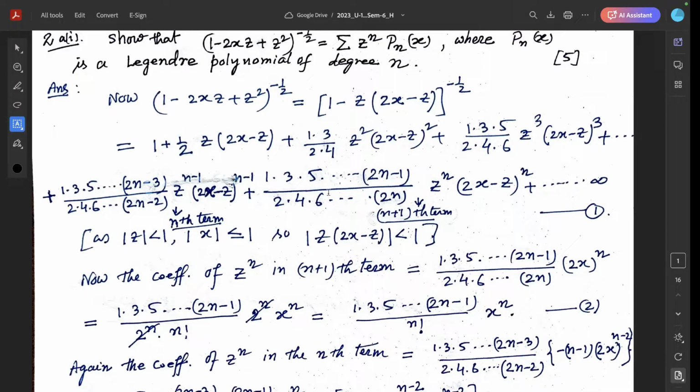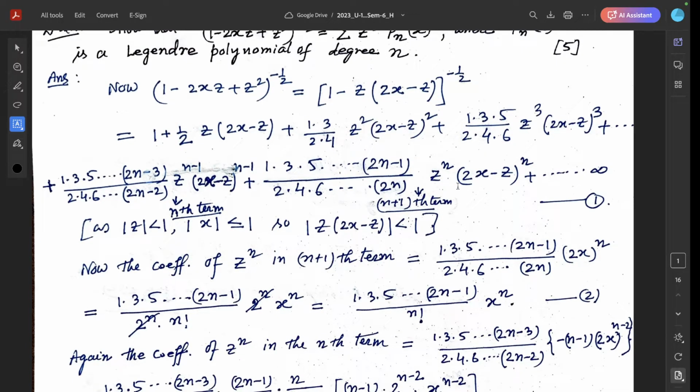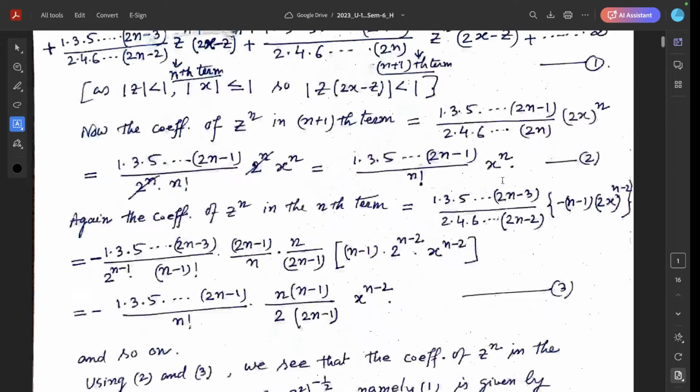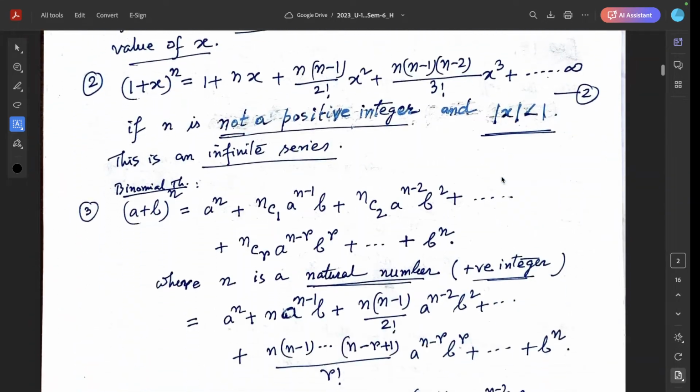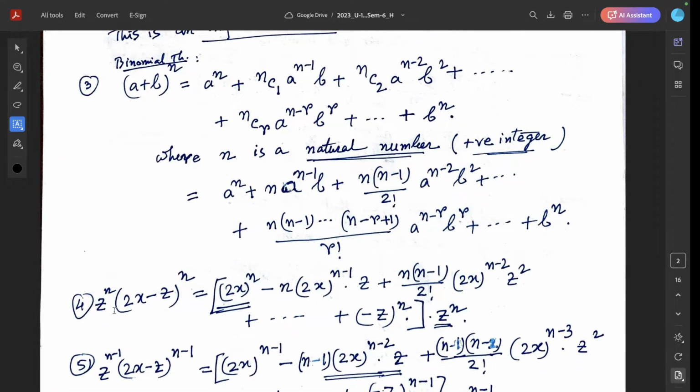Actually, for the coefficient of z to the power n, if we expand (2x minus z) to the power n, then we get (2x) to the power n minus n (2x) to the power n minus 1 z and so on.